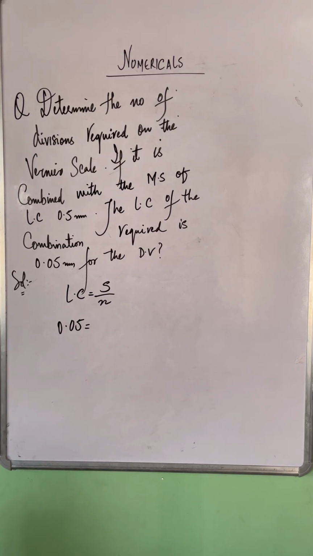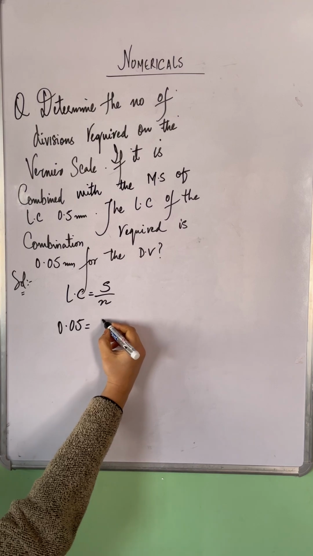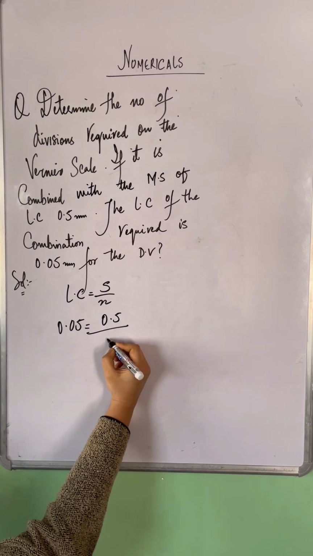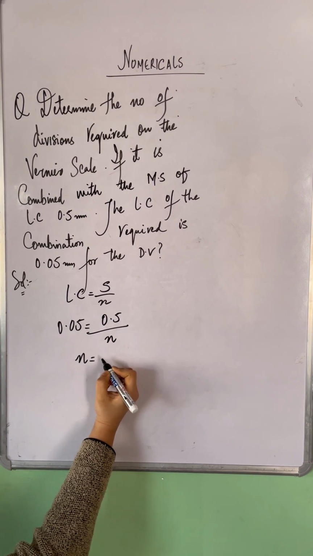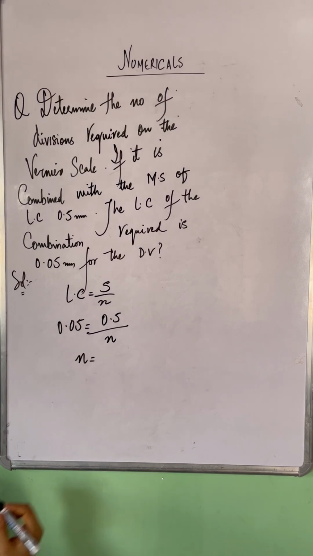What is my S? If it is combined with the main scale of least count 0.5 mm, my S is the least count of the main scale. This S is the smallest division on the main scale. So my S of the main scale is 0.5 mm. So how many divisions of the vernier do I require? 10.